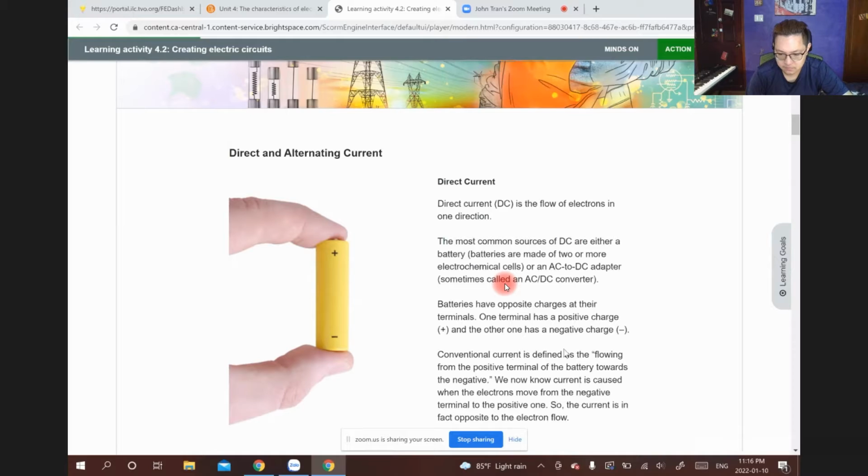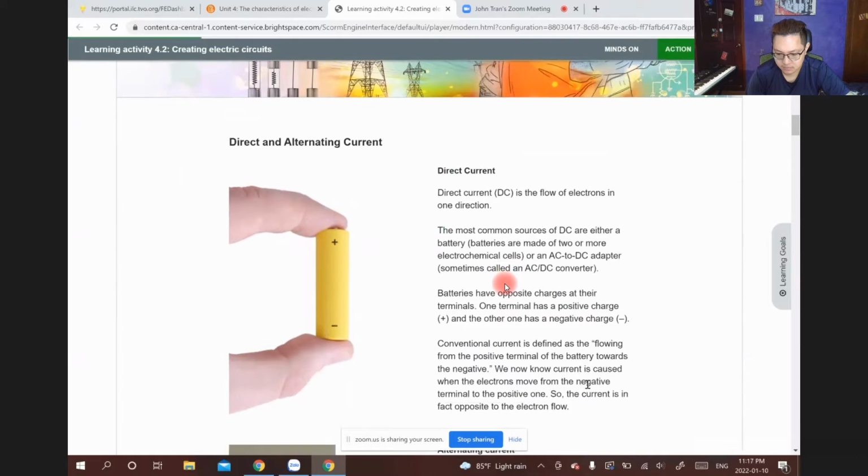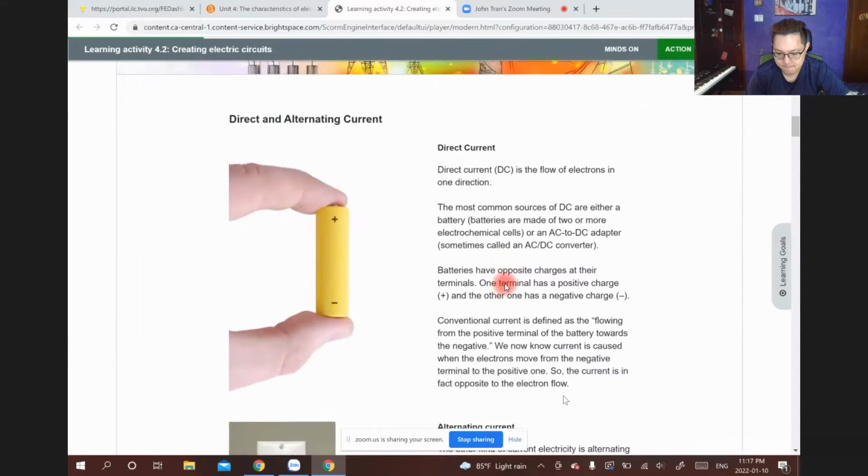Conventional current is defined as flowing from the positive terminal of the battery toward the negative. We now know current is caused when the electrons move from the negative terminal to the positive one. So the current is in fact opposite to the electron flow.